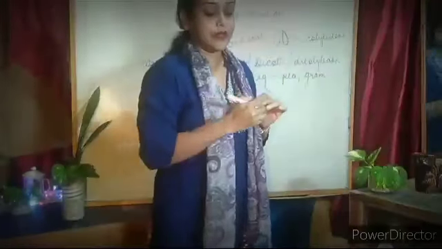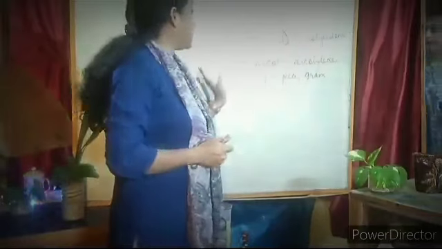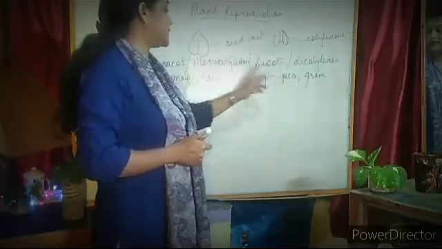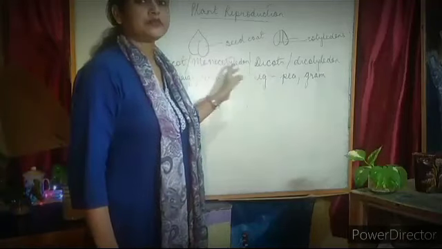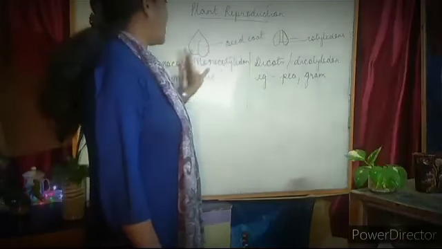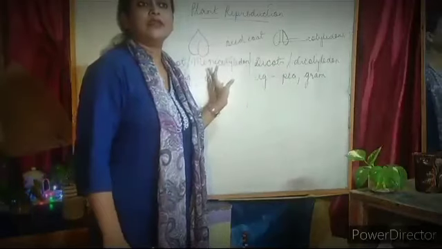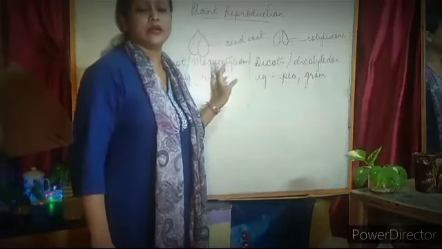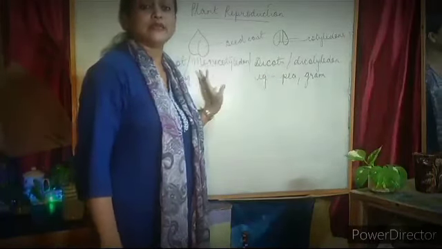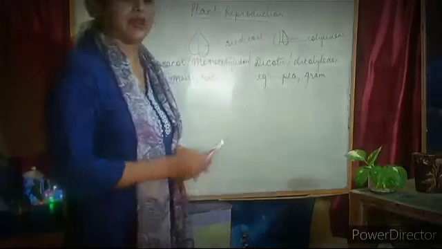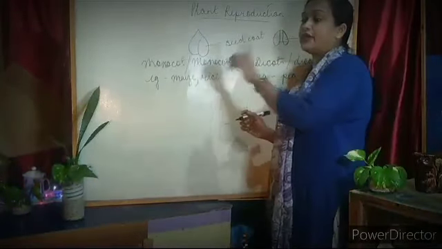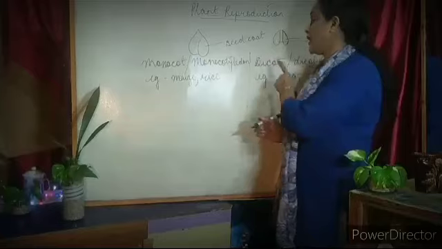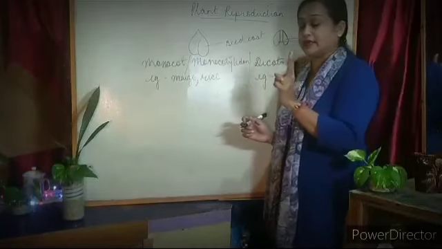Now we know that seeds are of two types, monocot and dicot. How can we identify whether a plant is a monocot plant or a dicot plant? First, if we see the seeds, monocot will have one cotyledon and dicot will have two cotyledons.